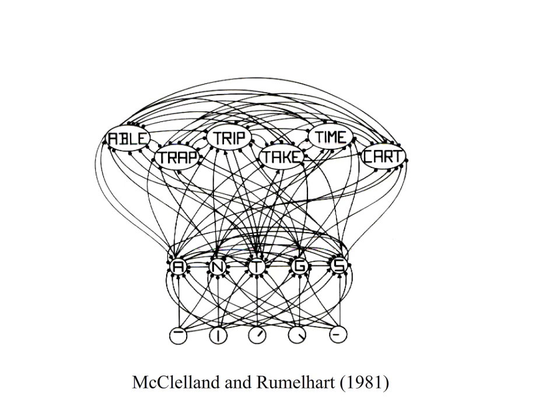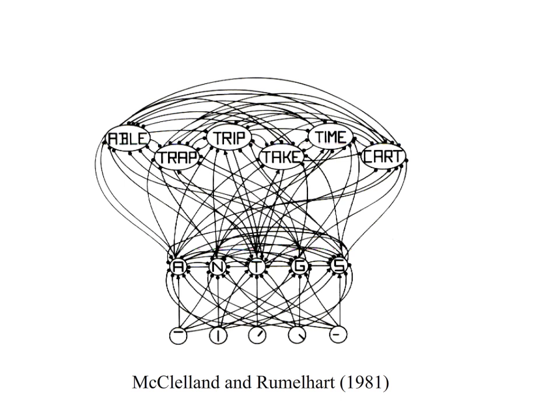Let's say that the letter A is active. That letter feeds up to the word level. So it's going to feed excitatory information to the word able, for example, to trap, to take, and to cart. You can see that they have a diamond shape end to these connectors representing excitatory connections.